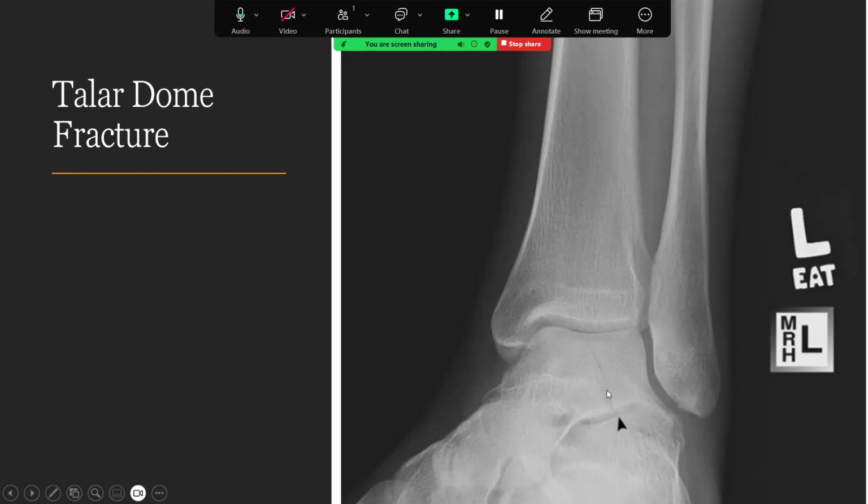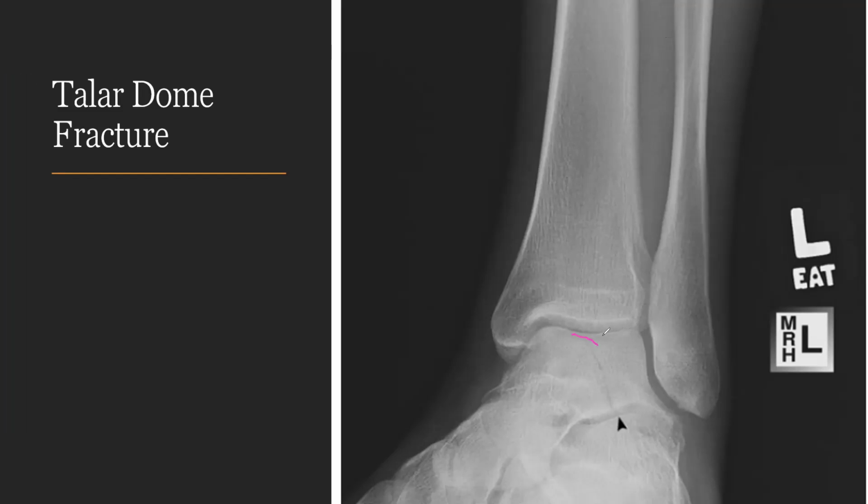Now, you can see you've got a straight line going through the talus, and sometimes you also have just a little fracture that may run through there, or you may have a separation of the bone, and it actually causes the periosteum or the top part of it to lift up. So these are the different types that you get. Now, in this case, you can see the talar dome fracture quite easily, because it's quite a significant one.